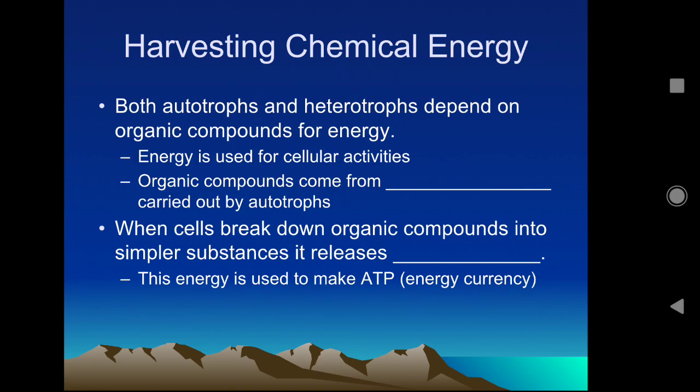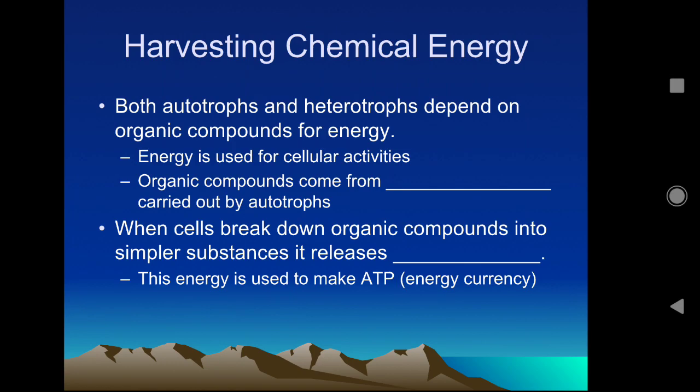So first, as just an introduction, think back to Chapter 8, where autotrophs are making energy. In the case of cellular respiration, it's the harnessing and the use of that made chemical energy. So our cells need energy for all the activities they must follow throughout the day.